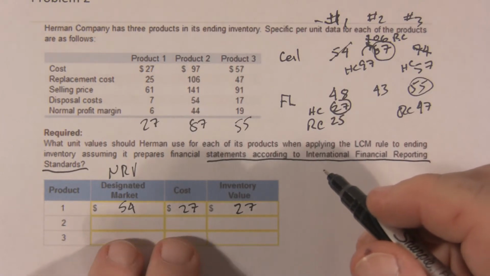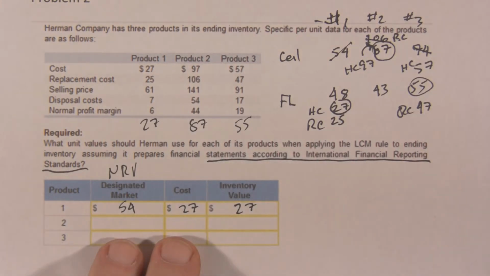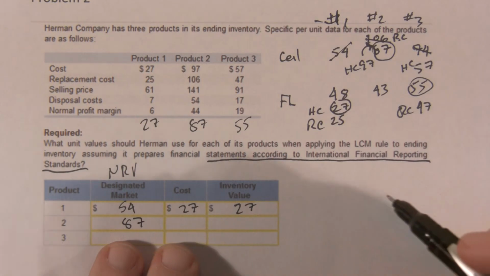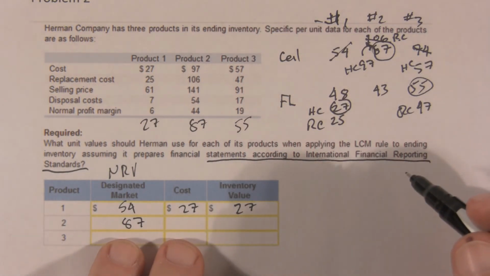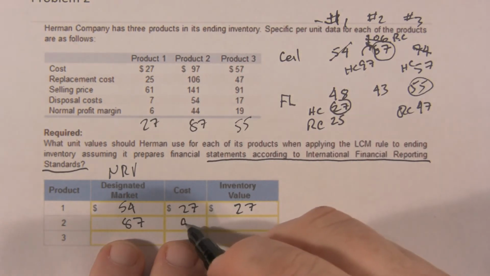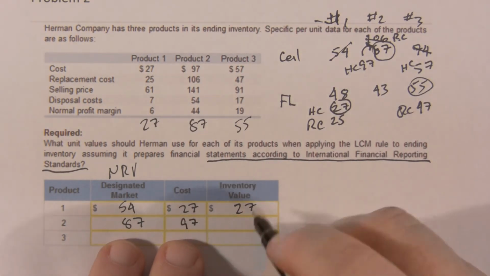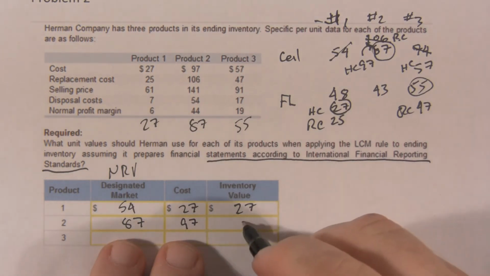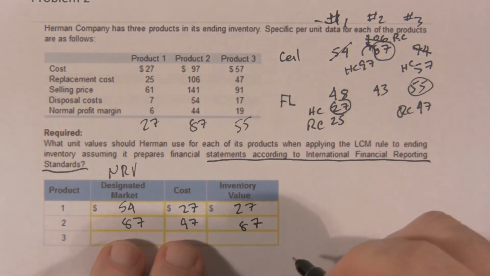For product number 2, the designated market value, the ceiling, is 87. The cost was 97. So we would use the lower of those two, 87.